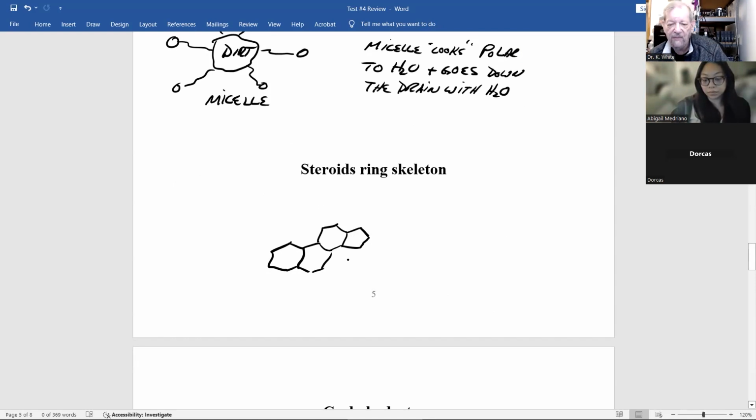I'll do one in real time. 6-membered ring, next to it is a fused 6-membered ring. Then up here at 12 o'clock, another 6-membered ring fused, and then right here, a 5-membered ring. So there are 4 rings, and they're called A, B, C, and D. You don't have to know this.